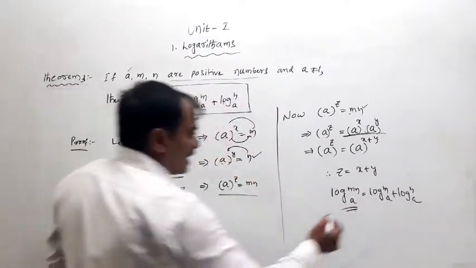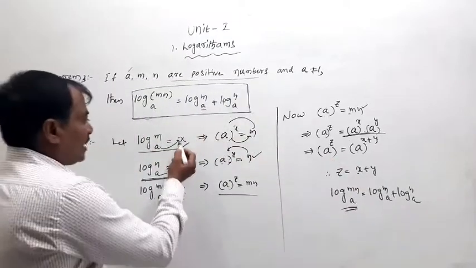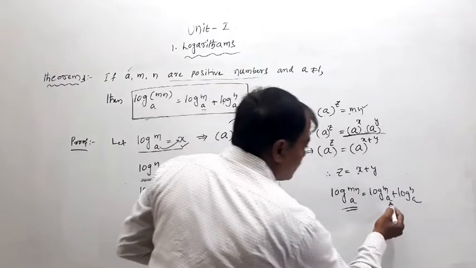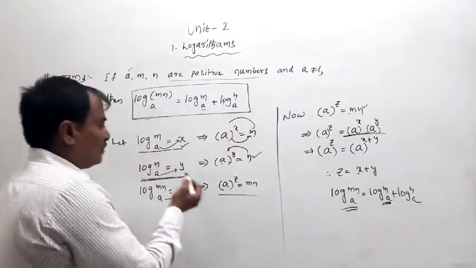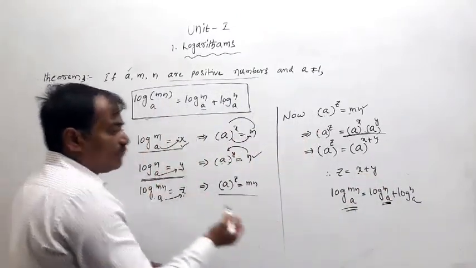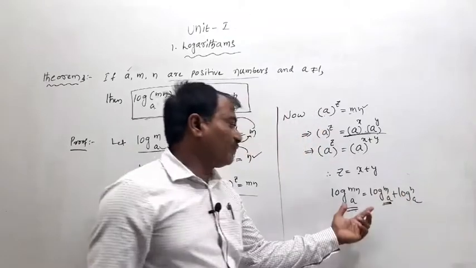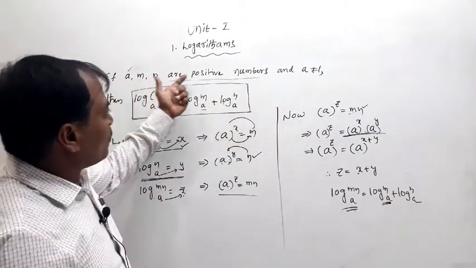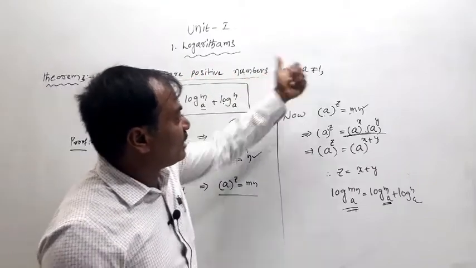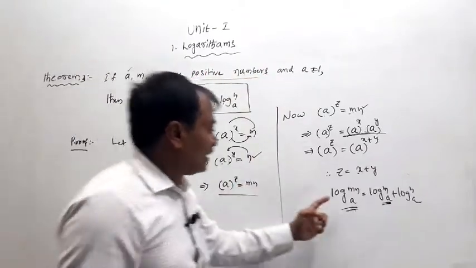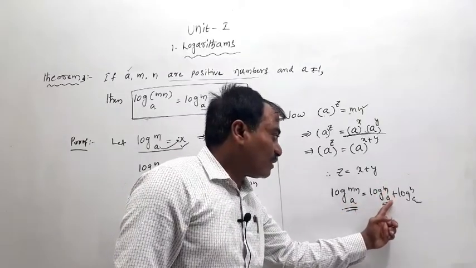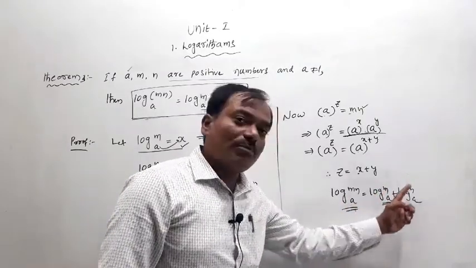And coming to the right hand side, what is x? x equals log m to the base a. And what is y? y equals log n to the base a. So therefore, if a, m, n are positive numbers and a is not equal to 1, then the logarithm of mn to the base a equals log m to the base a plus log n to the base a.